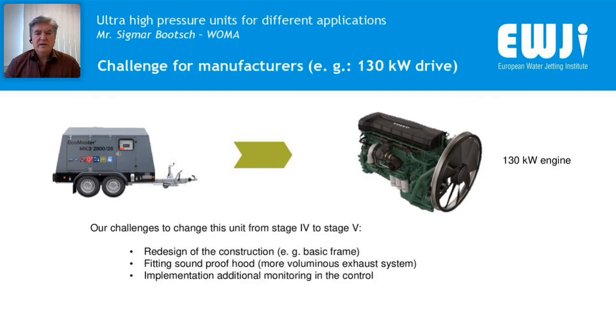We have to implement additional monitoring, which is needed in stage 5 units in the control system. We have to do the test and verification of the new emission limits, and we have to do also a long-term test. And the expectation of the customers is naturally not to increase the price.